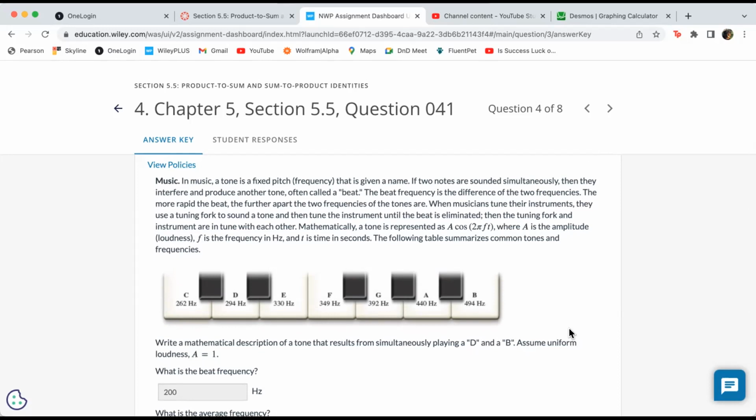Write a mathematical description of a tone that results from simultaneously playing D and B. Assume uniform loudness, A equal to 1.